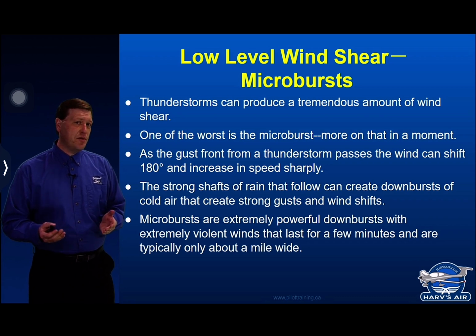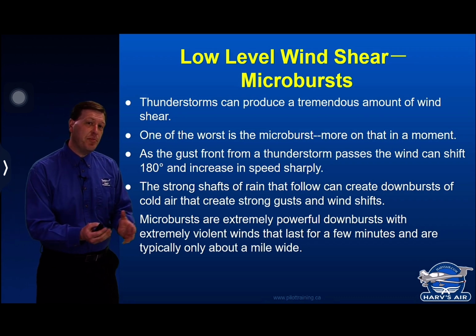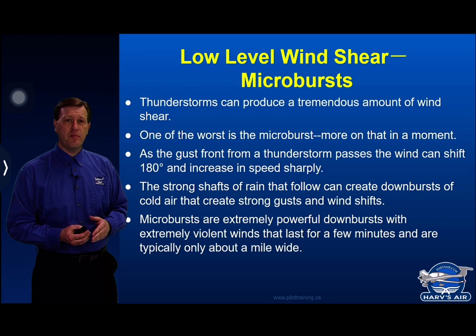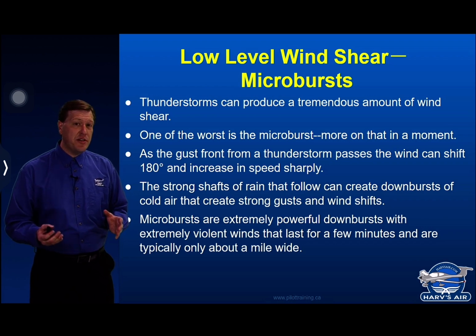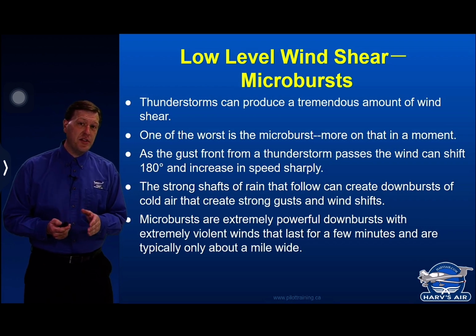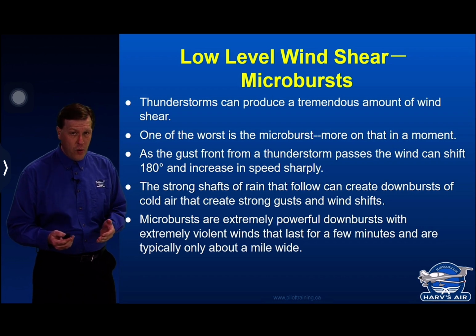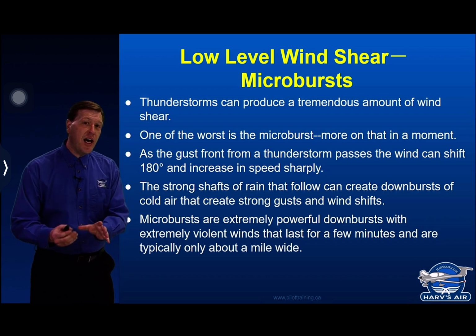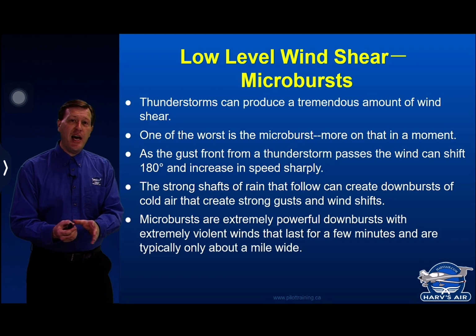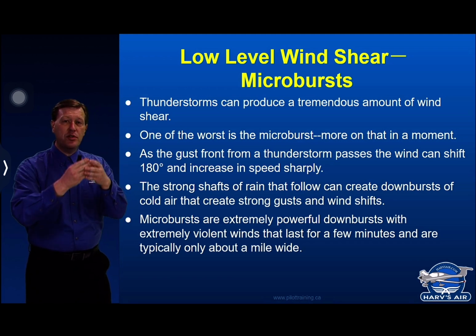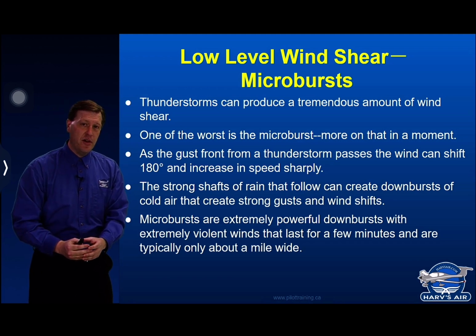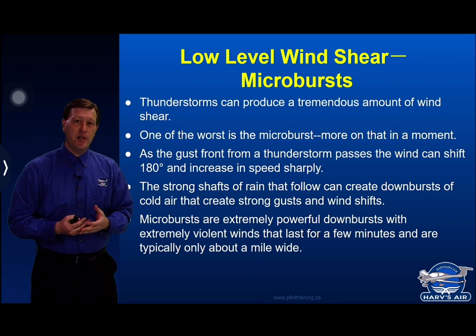When we have a thunderstorm, what often precedes it is something known as a gust front. And that gust front on its own can suddenly cause the winds to change by 180 degrees or more. Behind the gust front, we will frequently have sudden huge swaths of rain falling. These are downbursts.